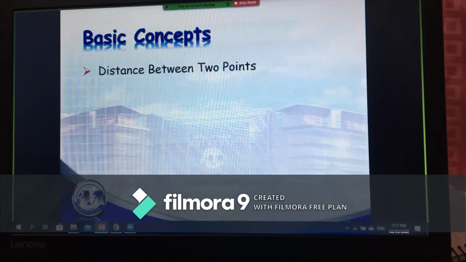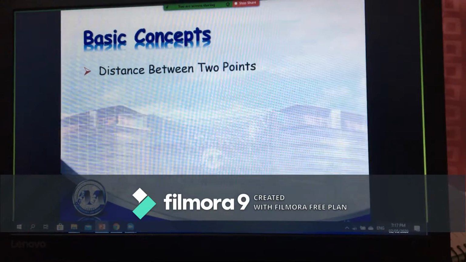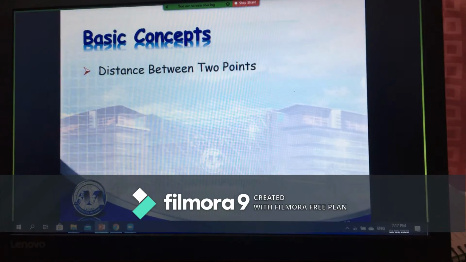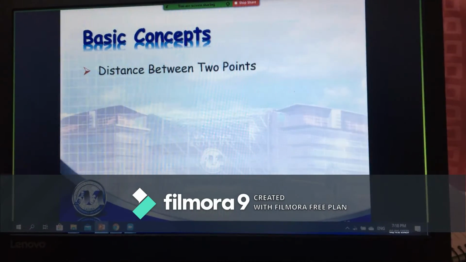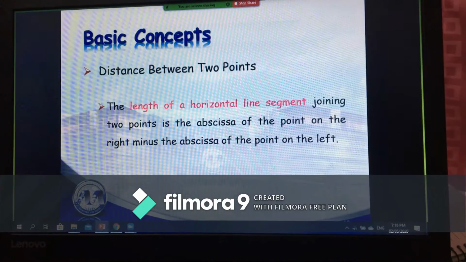A slanted line is a line that is neither horizontal nor vertical. You got the scenario, class?